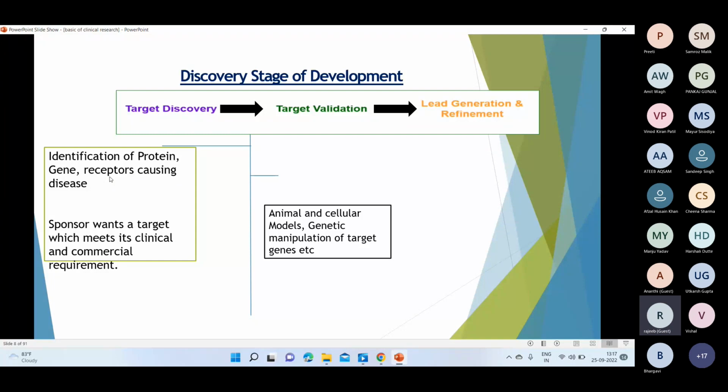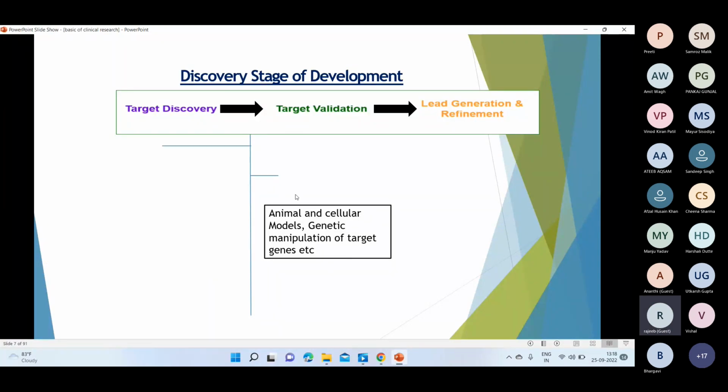In our example of blood pressure, we will modify the protein or receptor which we found in target discovery, in animal models, and see whether the animals develop that disease. Only then can we confirm that because we modified that gene or protein, this animal has this disease. So target validation is a confirmation of our initial discovery.